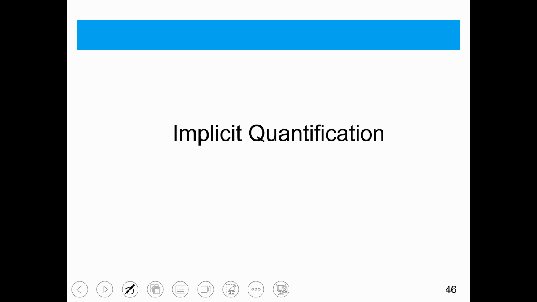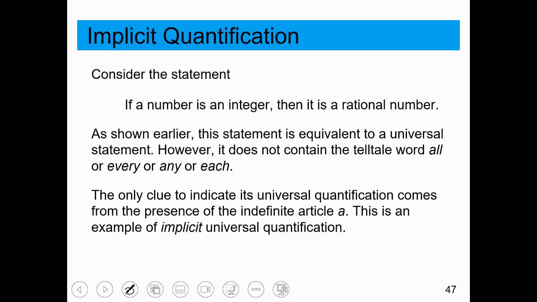Okay, so we can have that. What we've seen so far is very explicit use of the quantifiers, but they could also be implicit or implied. So consider this statement: if a number is an integer, then it is a rational number. There's nowhere in this sentence that we see for every or for all, but it is implied.